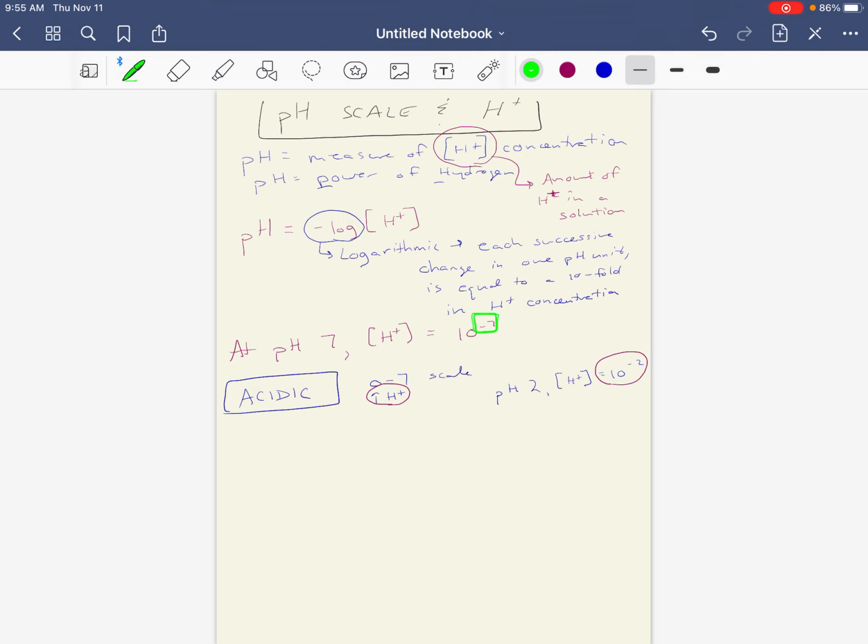So if this is our starting point, 10 to the negative 7, then when something is acidic and we go from 10 to the negative 7 to 10 to the negative 2, it's less negative. We're going from negative 7 to negative 6, trending in the positive direction, which means there's more hydrogen present. It's less negative because we have more hydrogen.